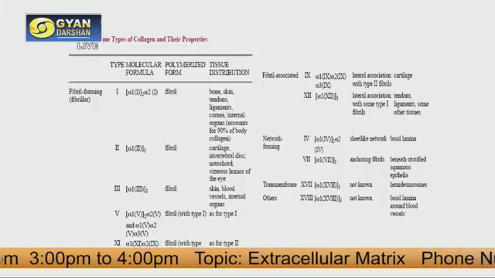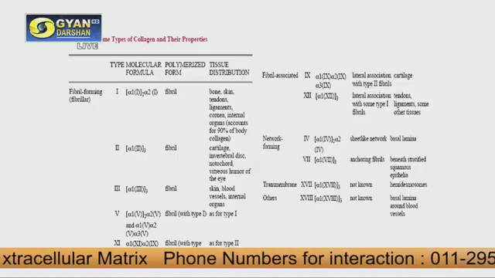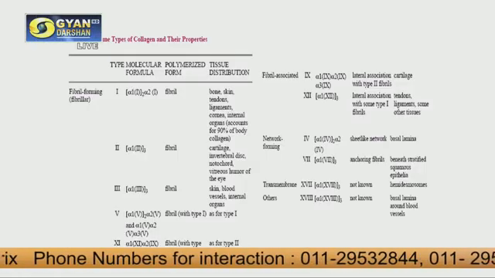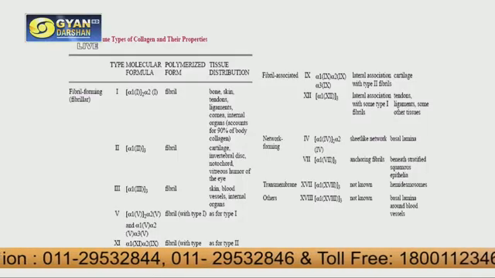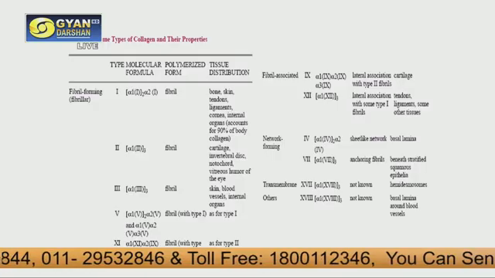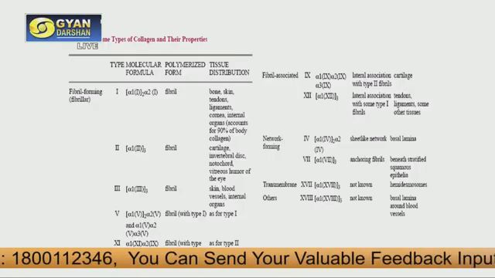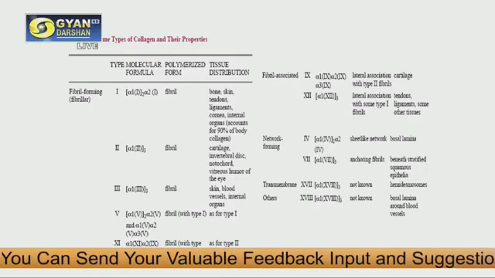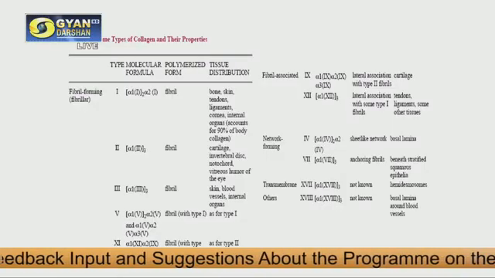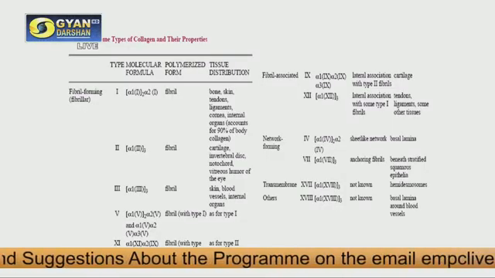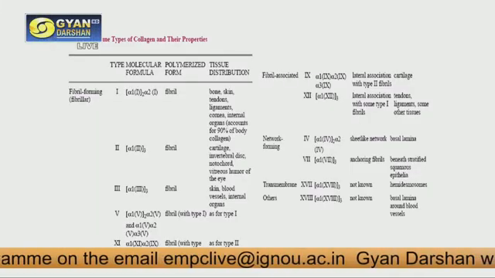You see the collagen molecules are categorized into 4 groups. One is fibril forming collagen, or the fibrillar collagen. Then fibril associated collagen, network forming collagen, and transmembrane or other collagens. The most abundant, the most common collagen is fibrillar collagen.